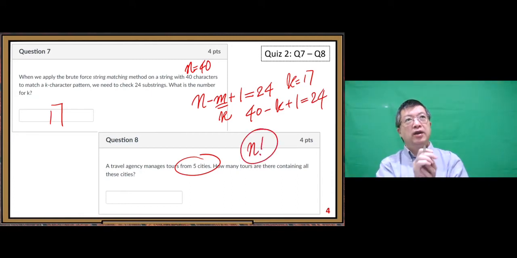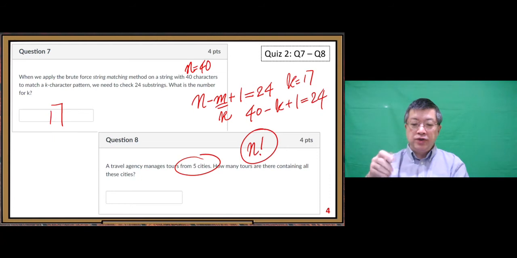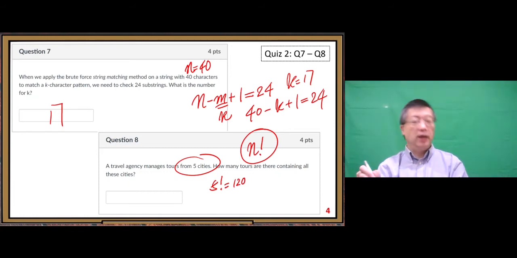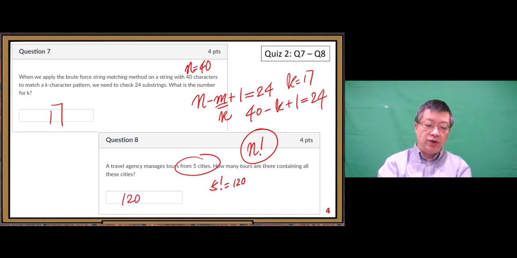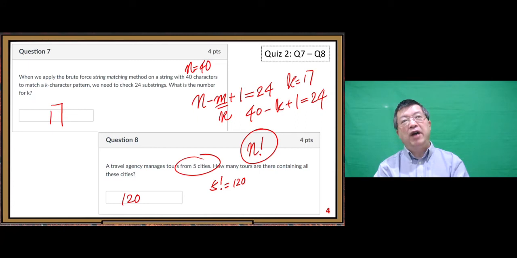This many different tours. Here, 5 factorial. 5 factorial equals 120. So the answer is 120. But if you put 5 factorial, also correct. So in my answer options, I have that 5 factorial. So you should be okay putting 5 factorial.